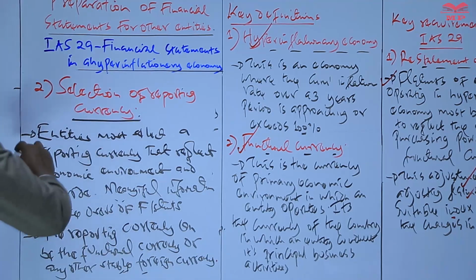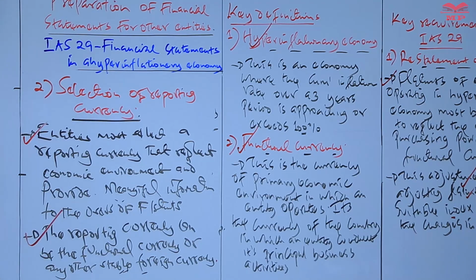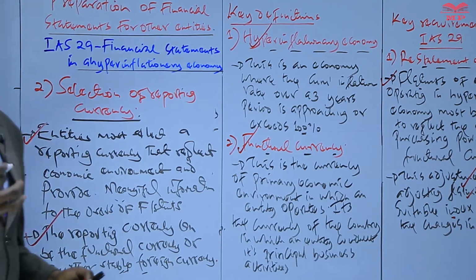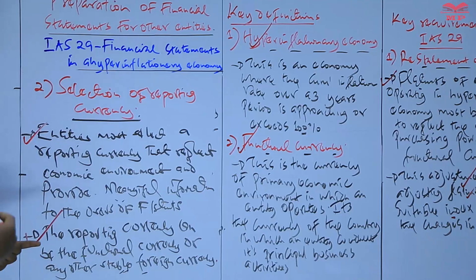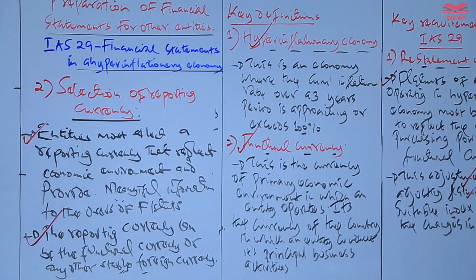So therefore, this is basically the other requirement under IAS 29, that whenever entities are selecting the reporting currency, they must select a reporting currency that will reflect the economic environment and also provide meaningful information to the users of the financial statements.